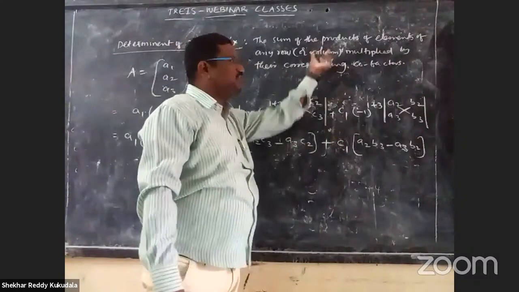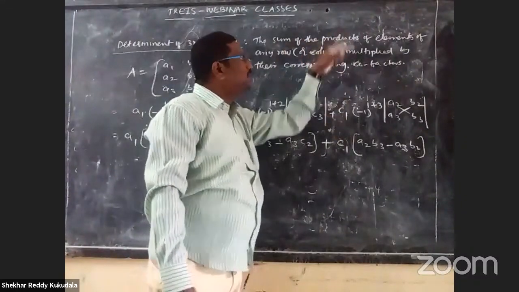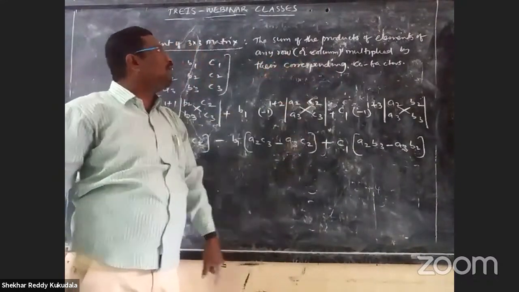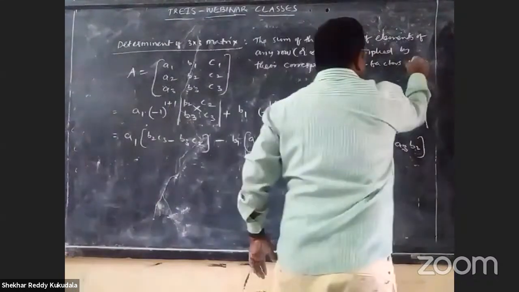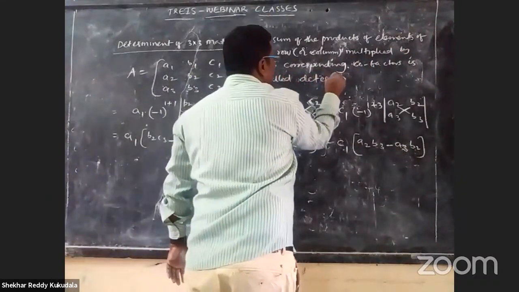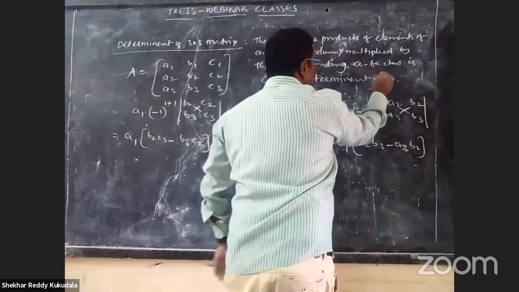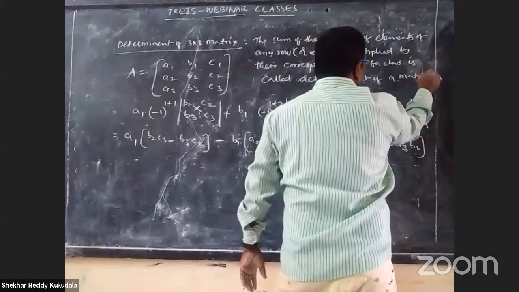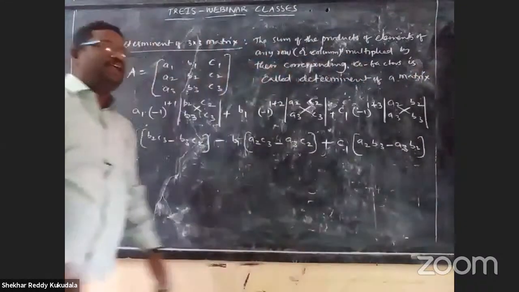As per the definition, the sum of the products of the elements of any row or any column multiplied by their corresponding cofactors is called the determinant of a matrix.